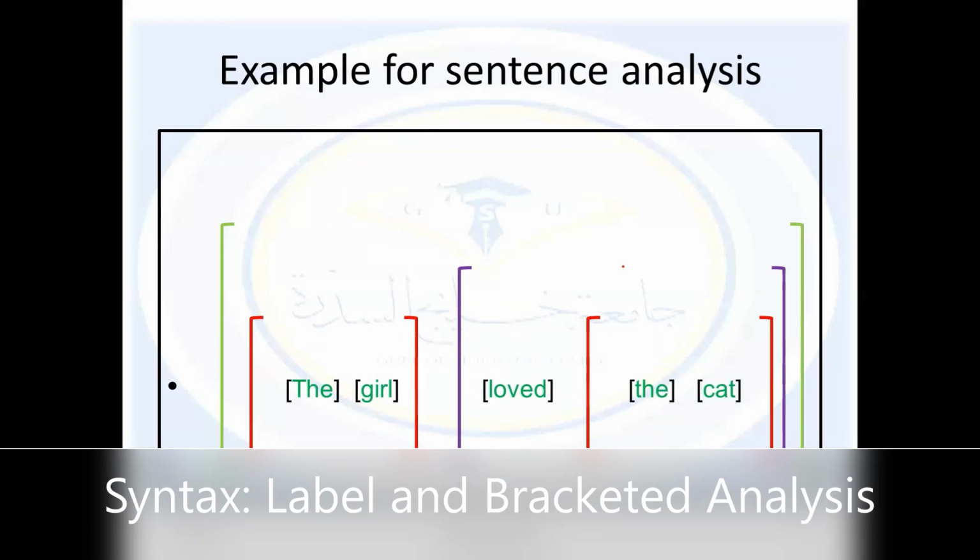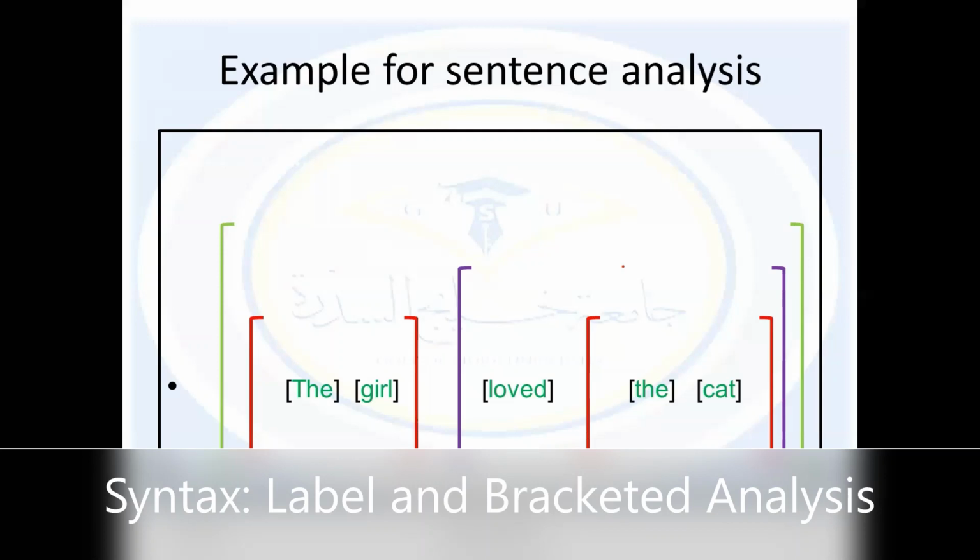Okay. So here first, as you see, the smallest constituents, or even the smallest units of the sentence, which are known as words, are enclosed separately with square brackets.